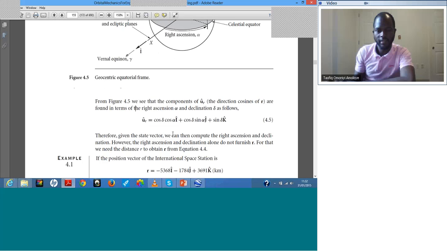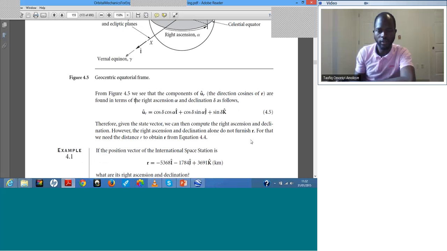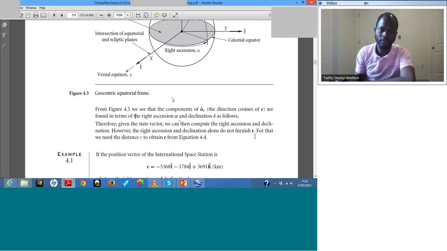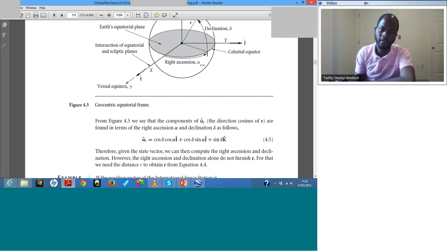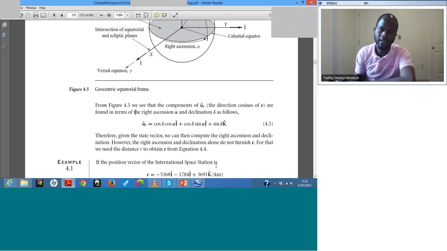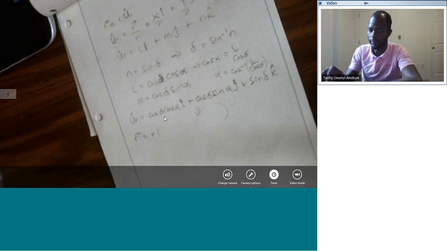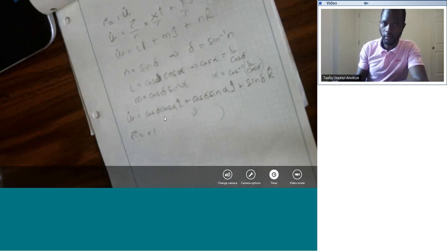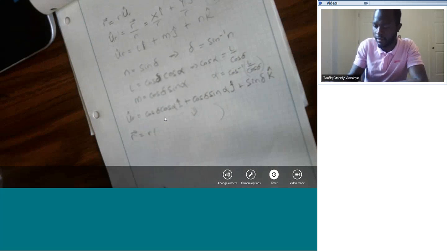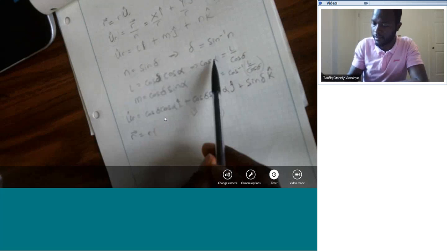However, the right ascension and declination alone do not furnish R. That means if you just know the right ascension and the declination, you can't directly get the position vector. However, if you have the position vector, you can directly go from that to get the direction cosine, that is, to find the right ascension and then the declination. This is what we are saying.